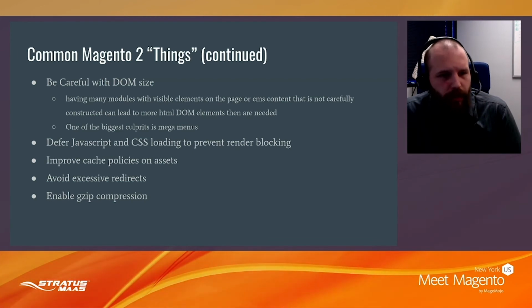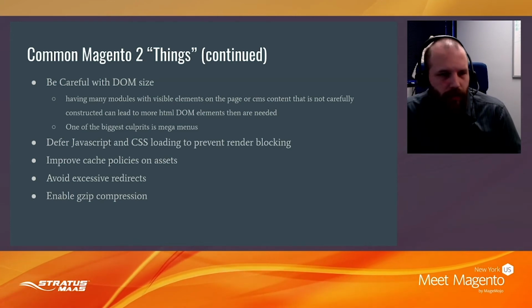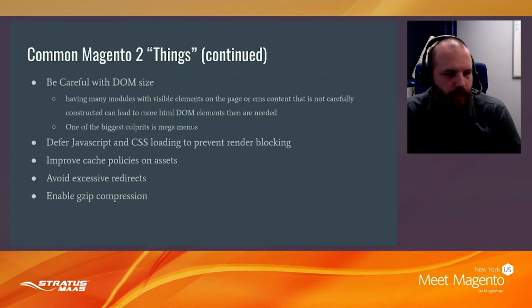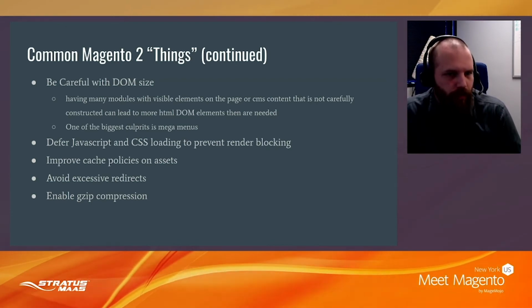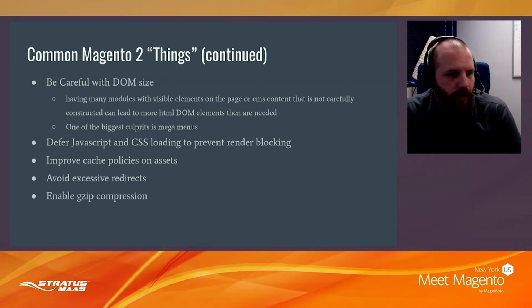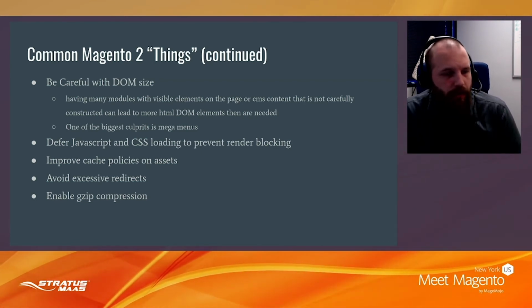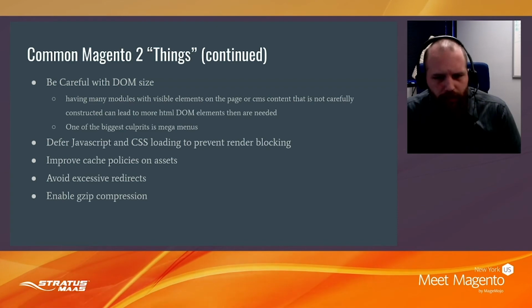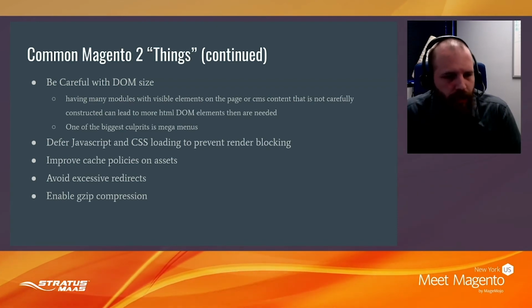The process of deferring takes it out of the head of the document, moves it down into the body, and allows it to load after the page itself starts loading, instead of saying that it has to be loaded before you can start doing anything with the page. It also helps with loading them asynchronously, so that they can download and start to be processed by the browser at the same time, instead of waiting for the next one in line and the one before it to finish.